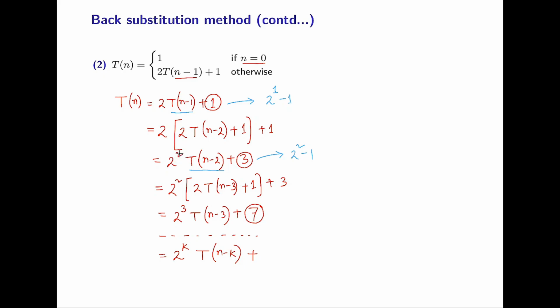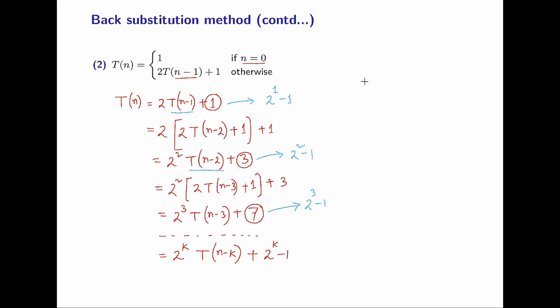Because here it is 2, here also I will get 2. Here it is 1, here also I will get 1. So in place of this 7, what can we write? 2 cubed minus 1, right? So the generic term we can write is 2 to the power k minus 1.